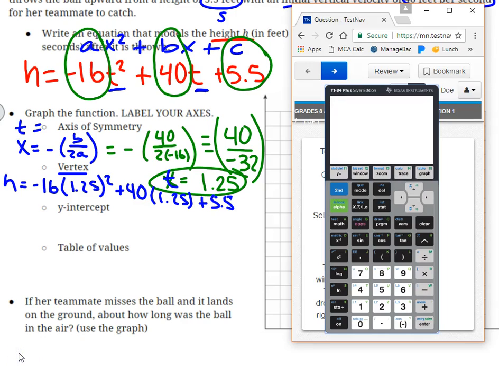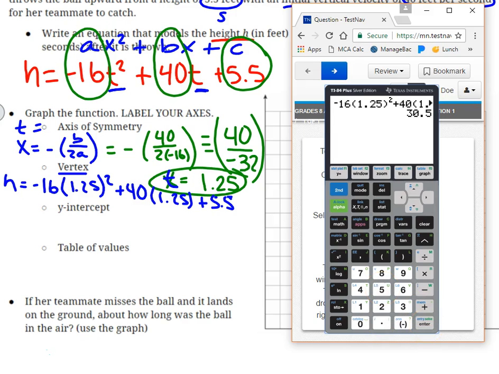Now, to evaluate this, we're going to use our graphing calculator, and I would recommend if you don't have a graphing calculator in front of you, you grab one and follow along as I do these operations so you make sure you know how to do them yourself. So we have negative 16 times 1.25 squared, so we're going to put the 1.25 in parentheses and then square it, plus 40 times 1.25, use the parentheses for times 1.25, and then plus 5.5.